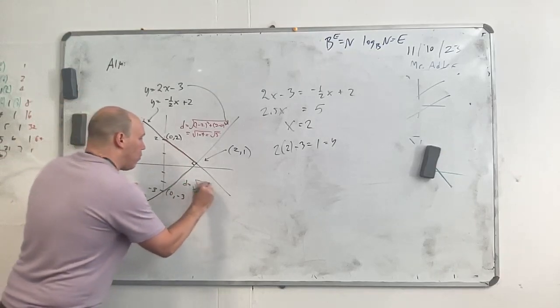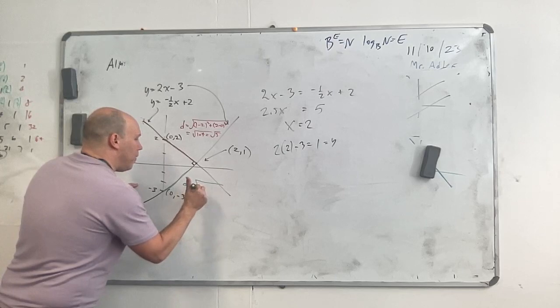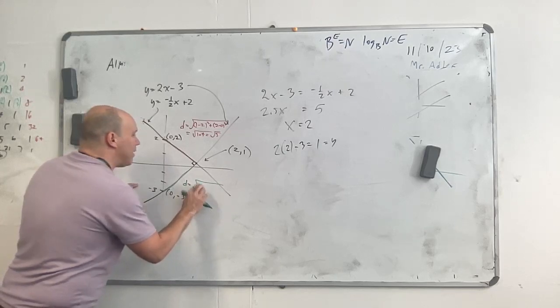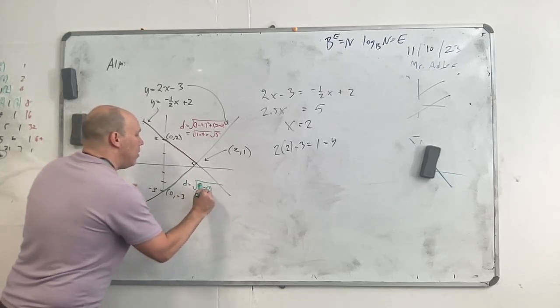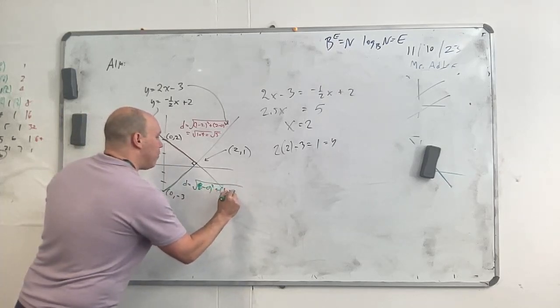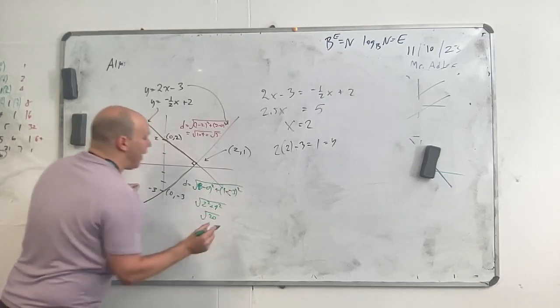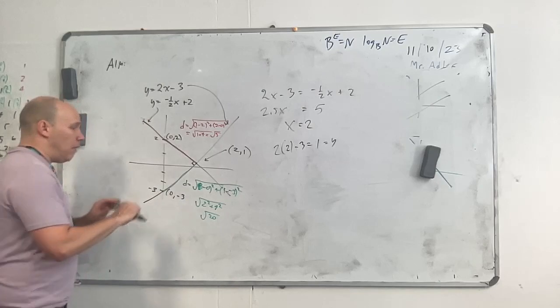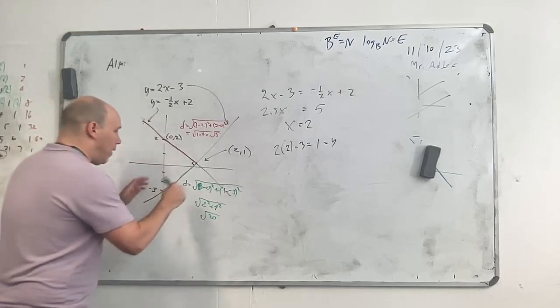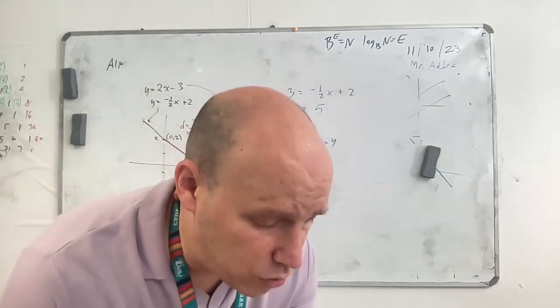So we have the square root of 2 minus 0 squared plus 1 minus negative 3 squared. That's the square root of 2 squared plus 4 squared, which is the square root of 20. Okay, so we have the square root of 20, and now we can easily find the area of the triangle.